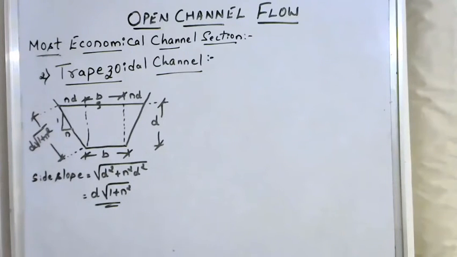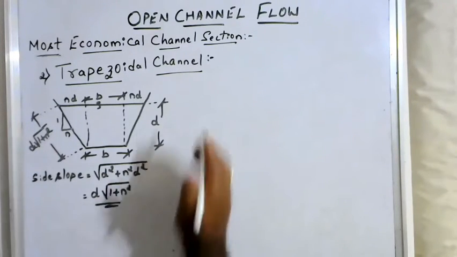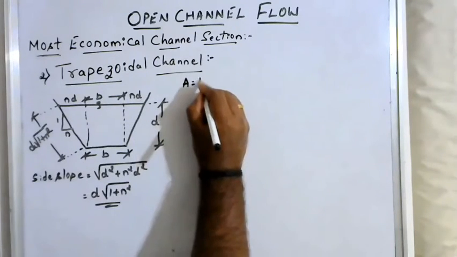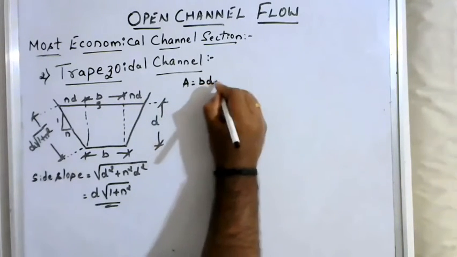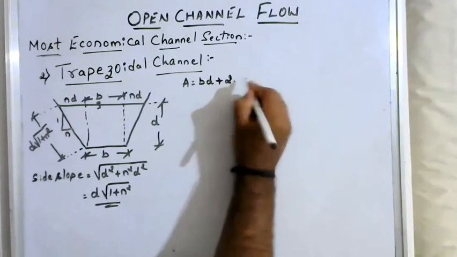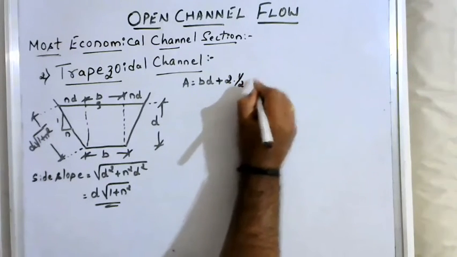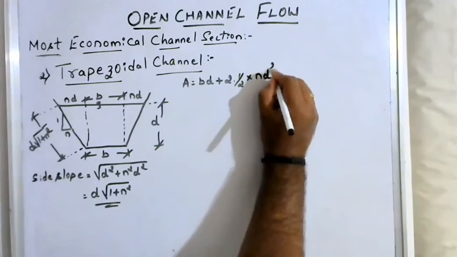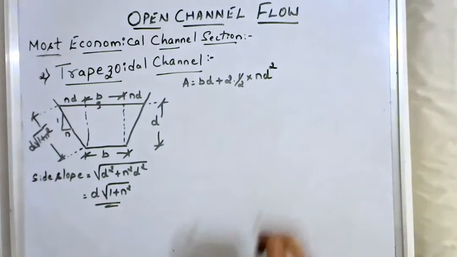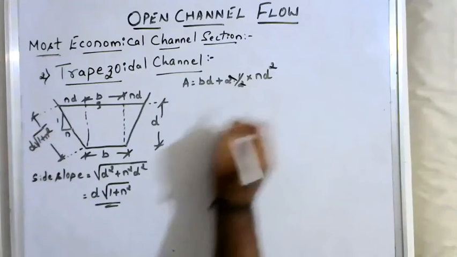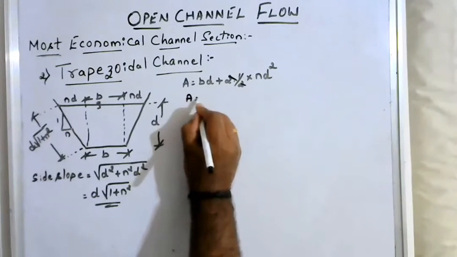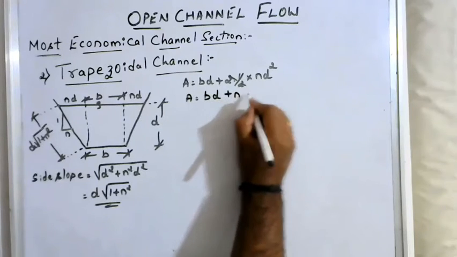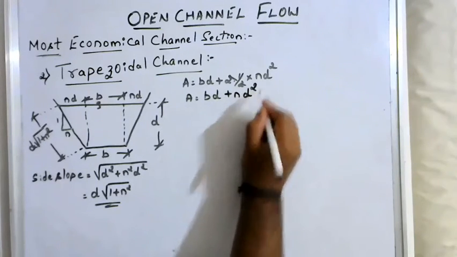After this, the principle remains the same, that is area of trapezium. Area of trapezium is what? Area of this rectangle b into d plus 2 times the area of the triangular portion, that is half into base into height. Height is also d, therefore it becomes 2 into half into nd square. So if I simplify, area becomes bd plus nd square.